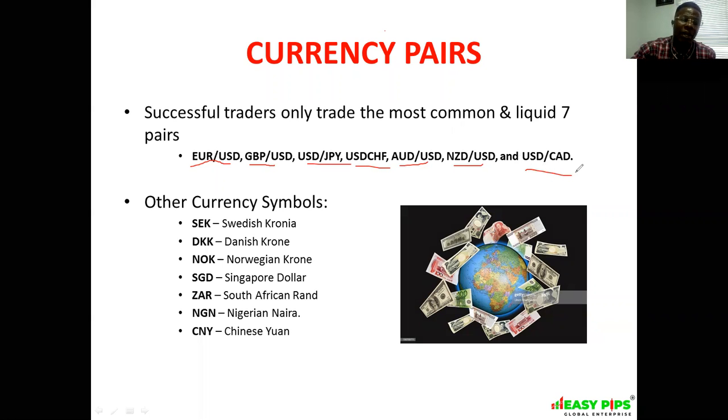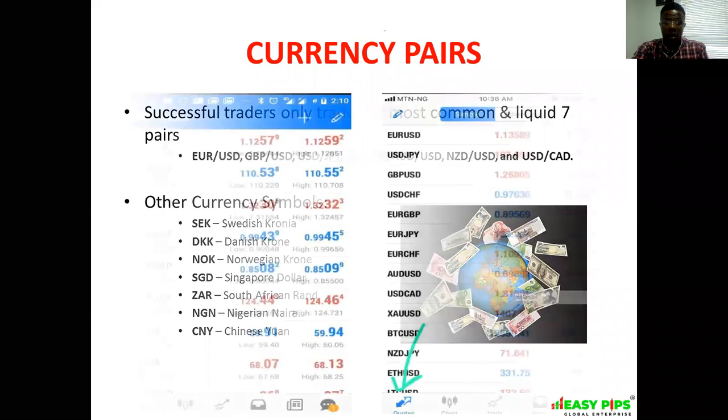Now we have other pairs. We have the Swedish krona, Danish krone, Norwegian krone, Singapore dollar, South African rand, Nigerian naira, Chinese yuan, and so on. We have so many, a lot of currency pairs. By the time we install a trading app, you get to see and understand how all these things work.